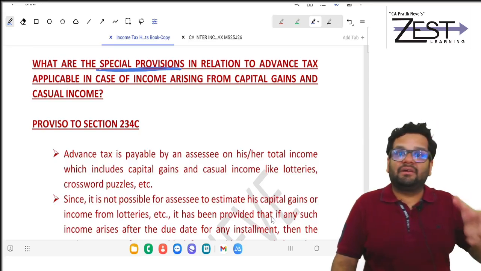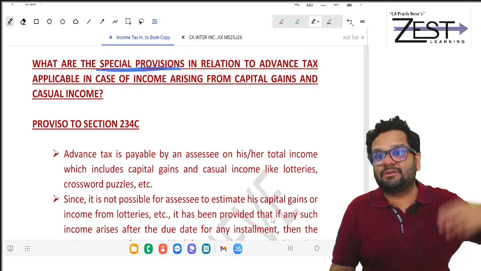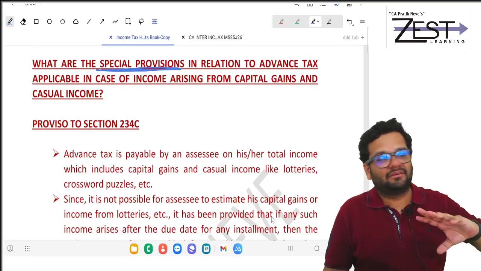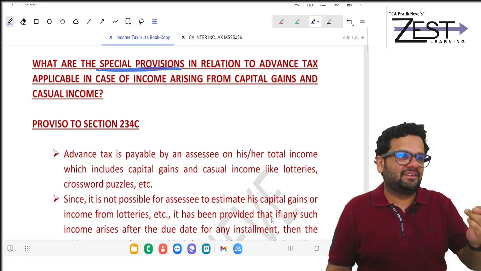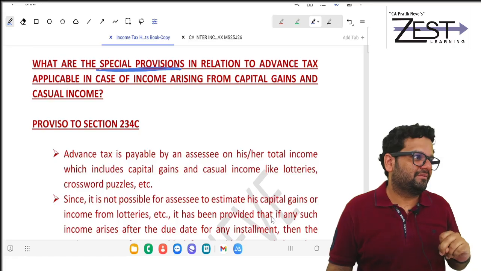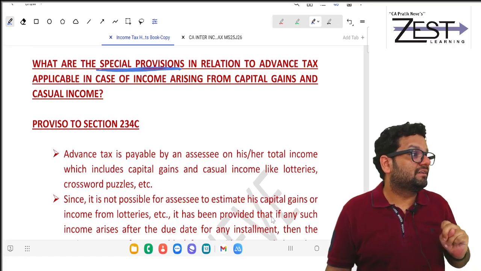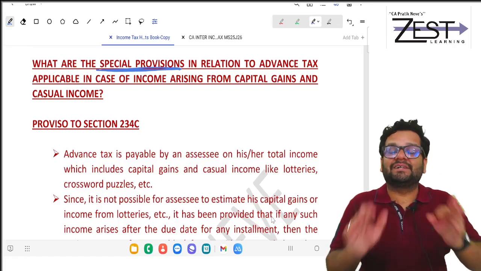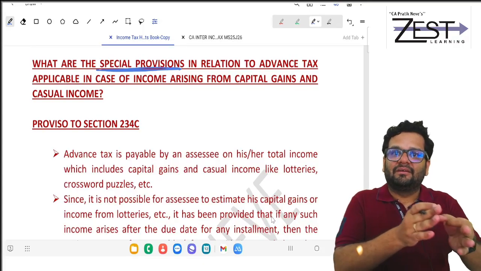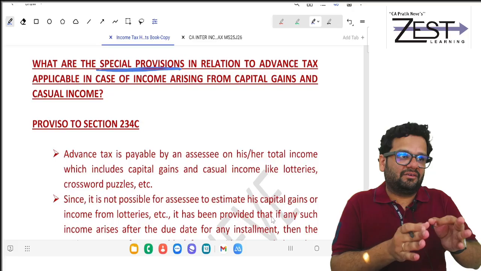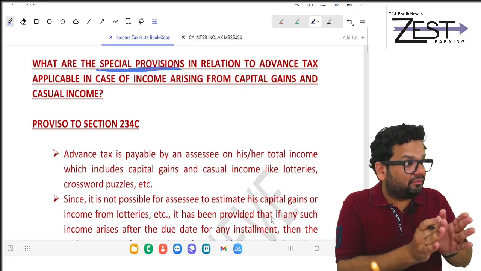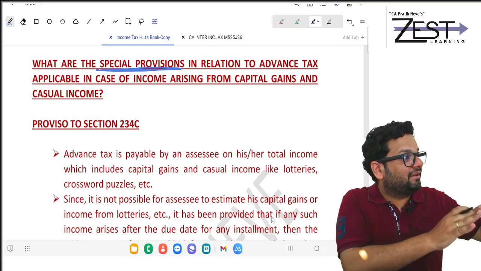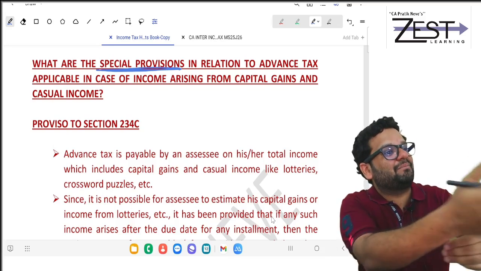If it is my dividend income, I may be able to estimate how much dividend I will get. But government says you are not able to estimate two things: casual incomes and CG, capital gains. So they are kind enough to say that you will consider them for purpose of advance tax payable. You will consider them from next slab.